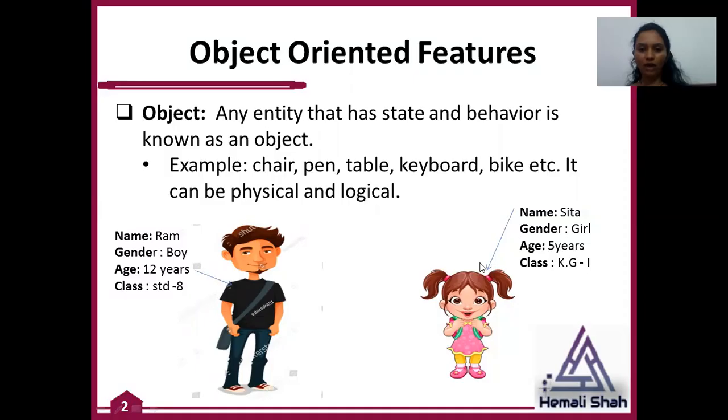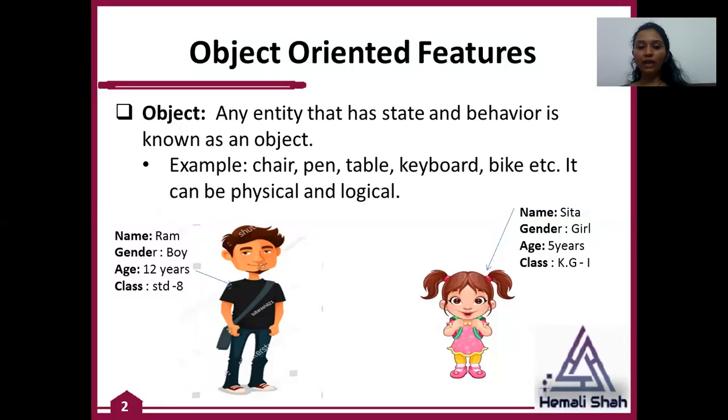These two are the real-time objects and I want to print the result of these two students. Both students are working in my school and I want to create one program that should calculate and print the result of these students. If I observe these things, these two are physical and logical entities.